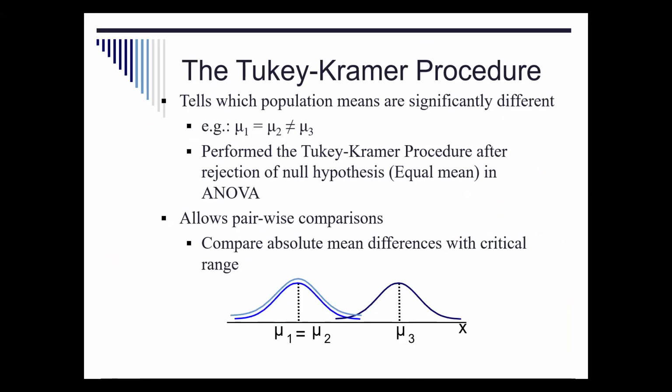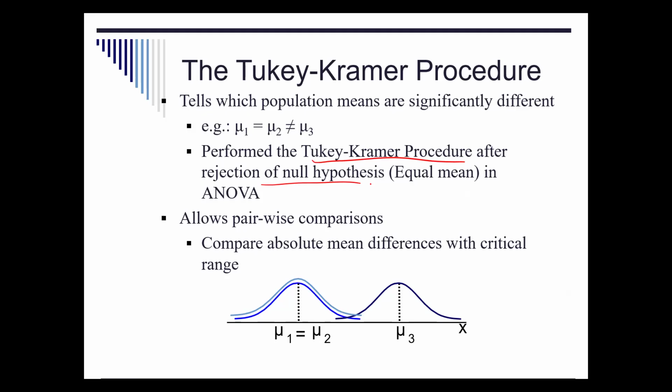And then the follow-up, which is called the Tukey-Kramer procedure, basically tells us which population means are significantly different. Like the one we just did, we know at least one of them is different, but we don't know which two are different. Then we can perform the Tukey-Kramer test after we reject the null hypothesis.